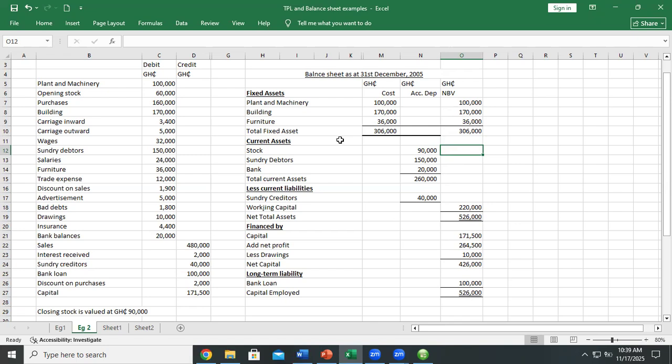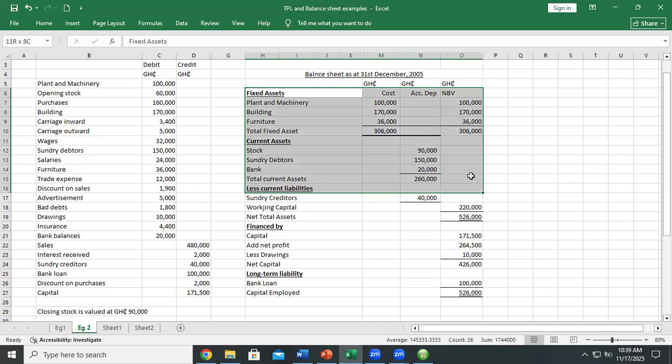Now, some other models only add the fixed assets to the current assets and get their total assets. And then they put the liabilities and the capital at the other end. If you do that, again, your total sum should be the same.